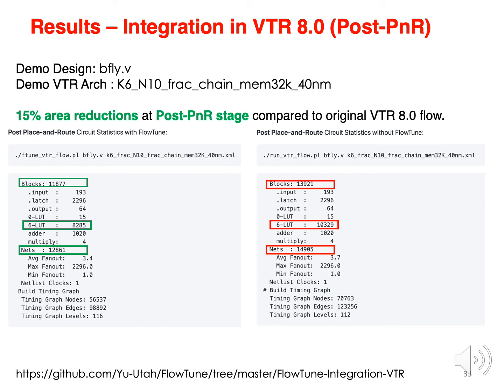This one we have integrated fully with VTR 8.0, and you can see this is the evaluation after the entire placement and routing has run, and we got a 15% logic block reduction at the post-PNR stage compared to the original VTR 8 flow. The architecture and everything can be reproduced using our GitHub resources.